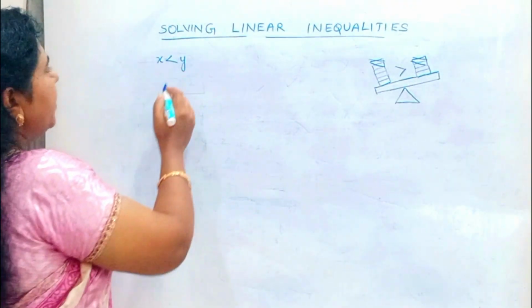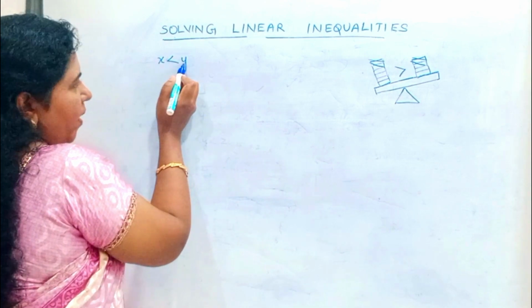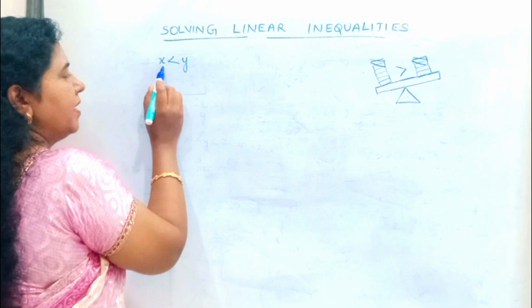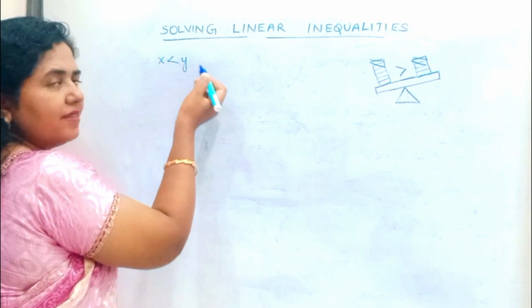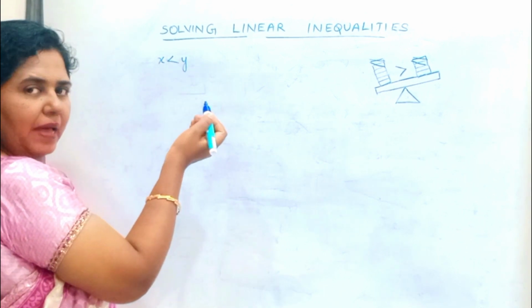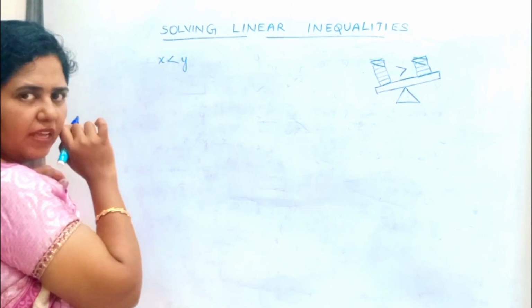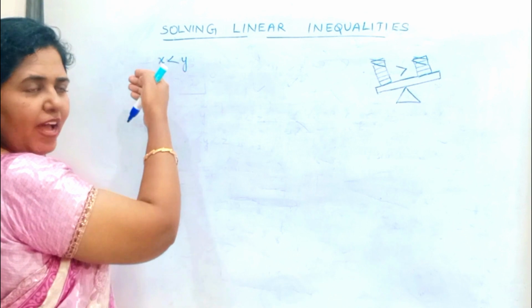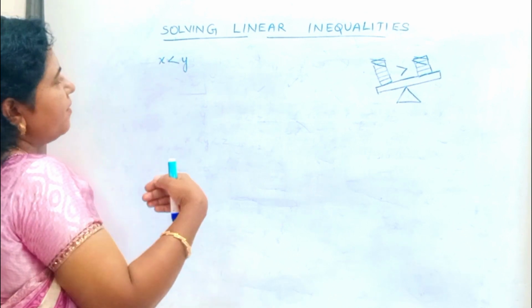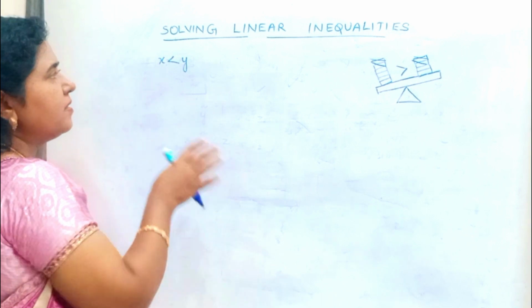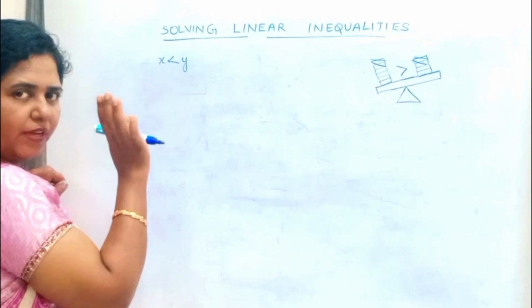Now here x is less than y. When I add a particular value to the left hand side, and add the same value to the right hand side, there will be no change in the sign of inequality. When I subtract a value from the left hand side, and subtract the same value from the right hand side also, there will be no change in the sign of inequality.